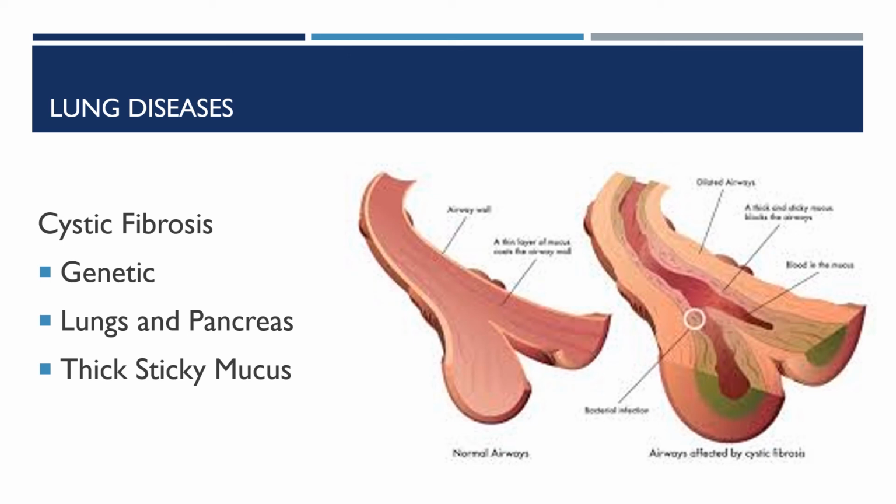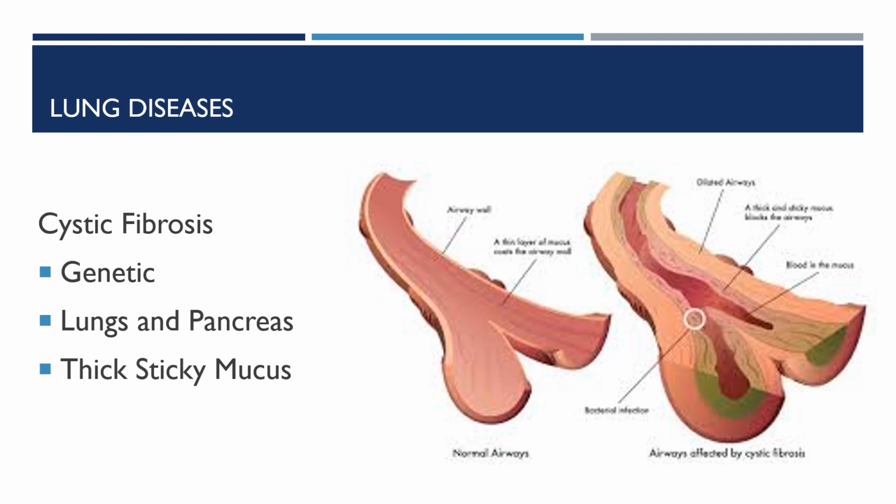Another lung disease, cystic fibrosis. Now, it's categorized as a lung disease, but it's actually a genetic disorder. And genetic means it's a result of a mutation that's gone on or something that's happened with the genetic material, with the DNA.